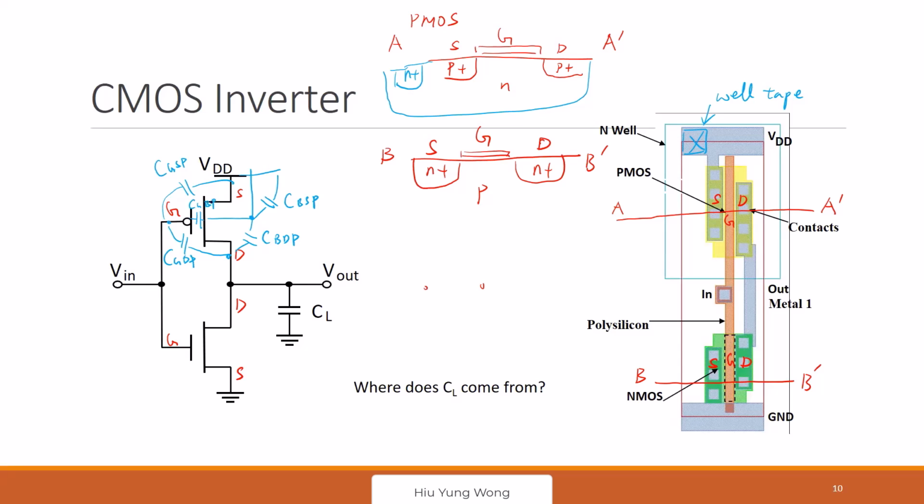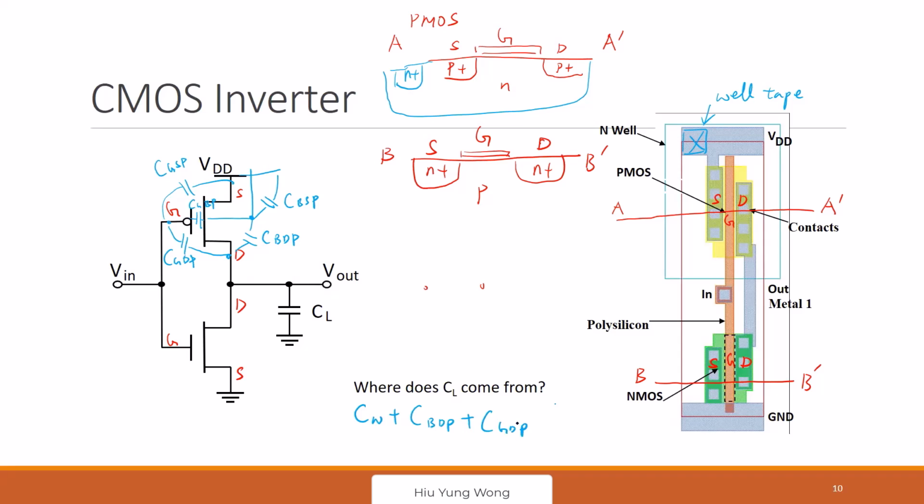So the total loading capacitance, of course, comes from wire capacitance. And then if you look at this point, you have 2 other capacitance. One is CBDP, another is CGDP.